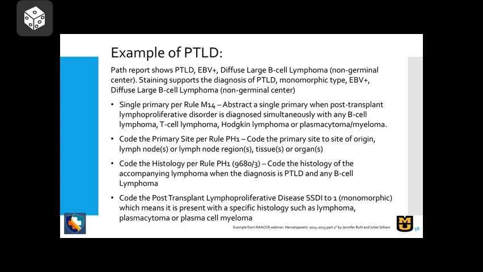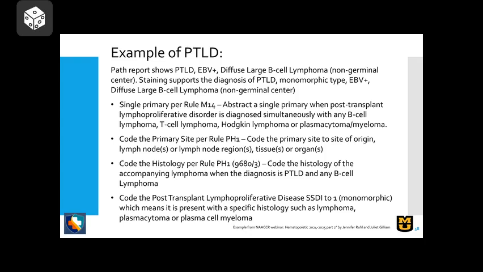This is a single primary per Rule M14, which says to abstract a single primary when post-transplant lymphoproliferative disorder is diagnosed simultaneously with any B-cell lymphoma, T-cell lymphoma, Hodgkin lymphoma, or plasmacytoma myeloma.